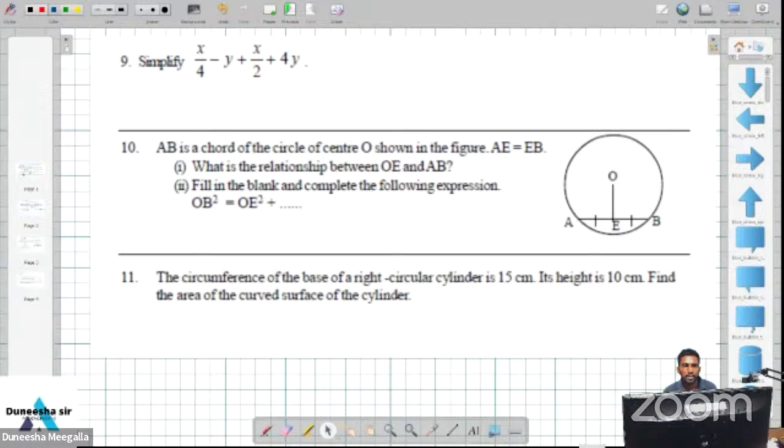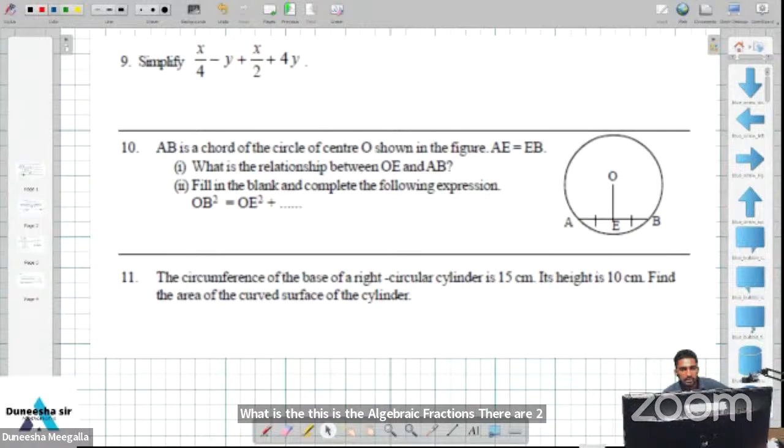Simplify this. These are algebraic fractions. There are two algebraic fractions.